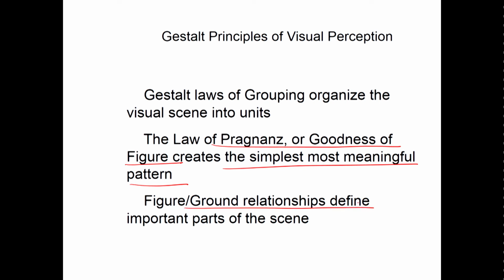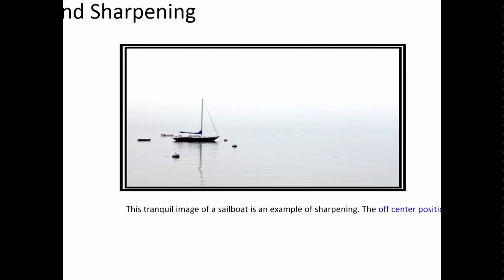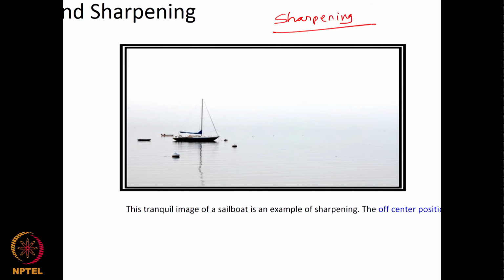So, figure-ground relationship defines important parts of the scene. Okay. This is called the sharpening of the image.